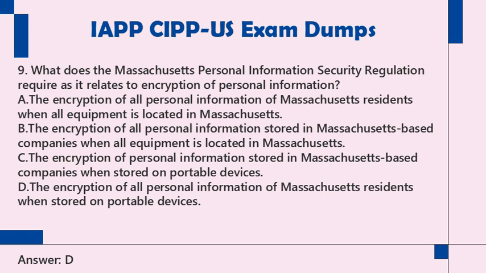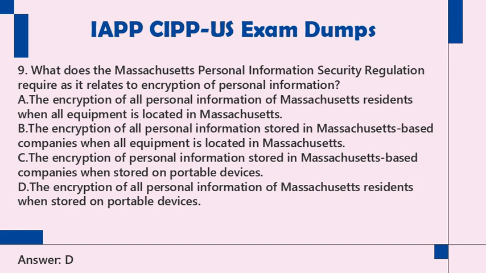9. What does the Massachusetts Personal Information Security Regulation require as it relates to encryption of personal information? A. The encryption of all personal information of Massachusetts residents when all equipment is located in Massachusetts.